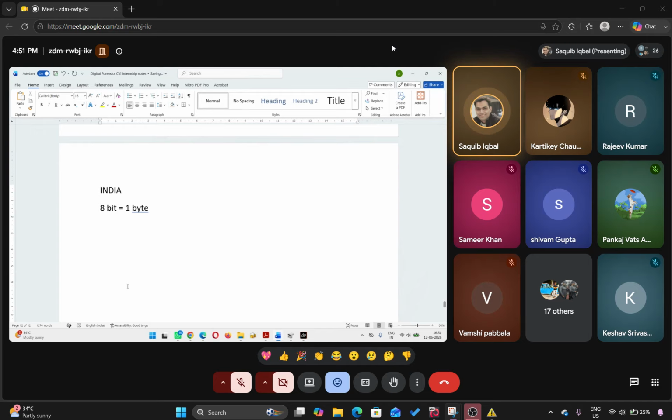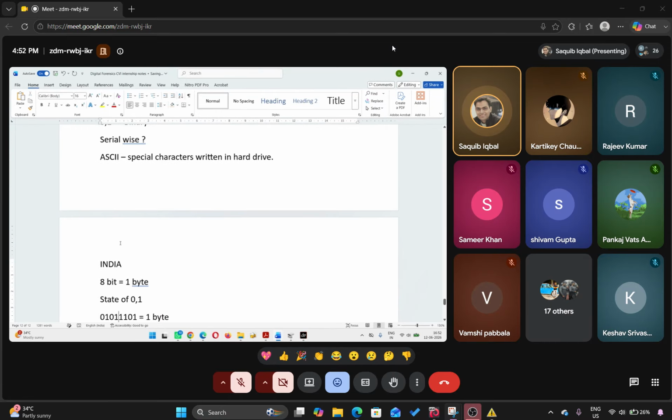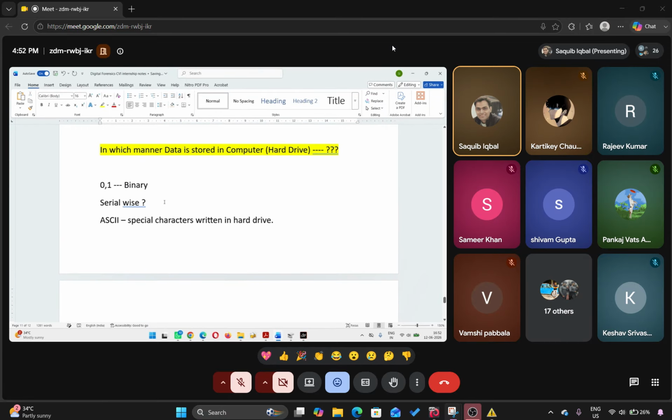Let's say your bits, a bit is a state of 0 or 1. Let's say 0 1 0 1 1 1 0 1, so it's equal to 1 byte. What I'm asking is, is it actually a 0 and 1 written on the hard drive? That is my question.